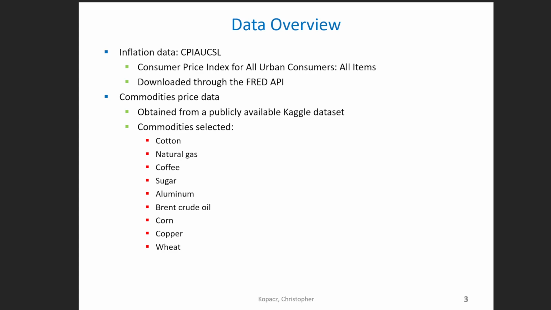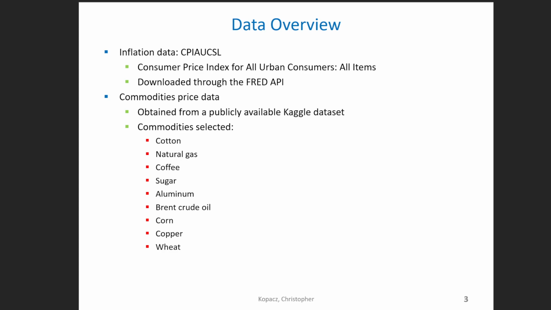The commodity price data is obtained from a publicly available Kaggle dataset. It's available from a number of different sources. This one just contained a concise number of predictors that were relevant to this project.